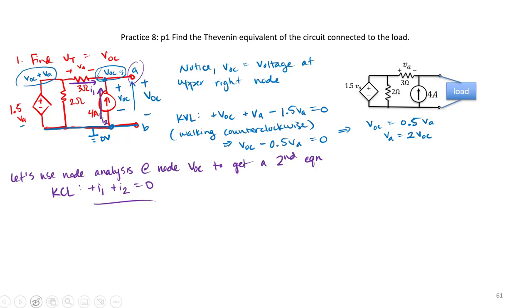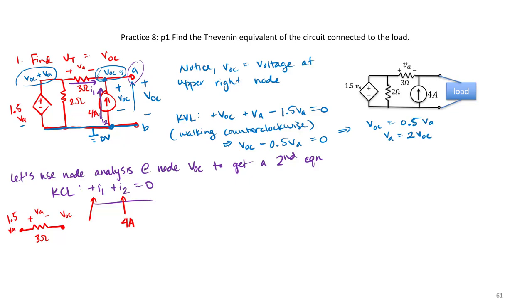And what else do I know? Well, I know that I2 is just going to be 4 amps because I've got a current source there. And for current I1, that's the current through my 3 ohm resistor. I know I have VA volts across that, and I can also write that I have 1.5 VA on the left-hand side of that 3 ohm resistor, and I have VOC volts on the right-hand side.